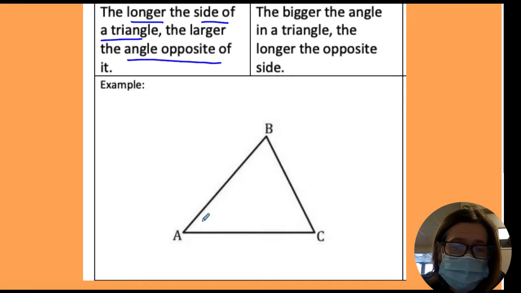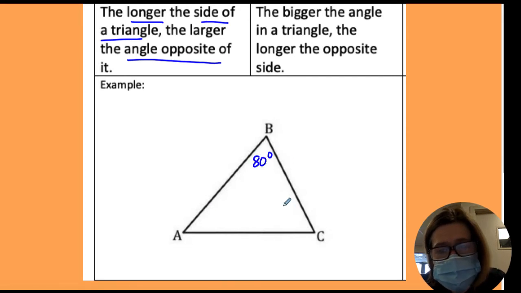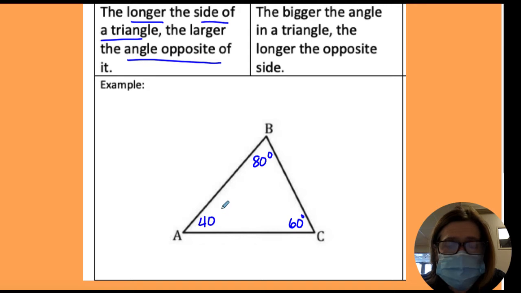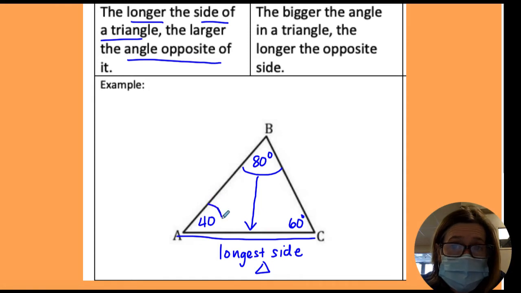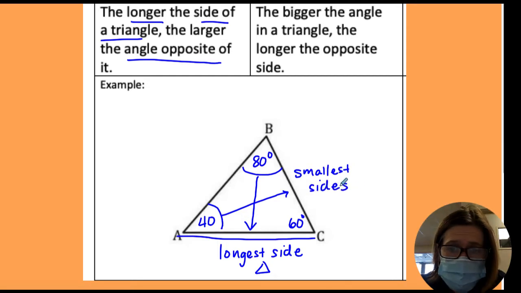So, for example, if I say that angle B is, say, 80 degrees and this is 60 degrees and this is 40 degrees, well, that would tell me then, because the 80 is right here, it's the largest angle, the side opposite it, so segment AC, would have to be the longest side of the triangle. And then vice versa. 40 is the smallest angle, okay? Then the smallest side of the triangle would be across from it.